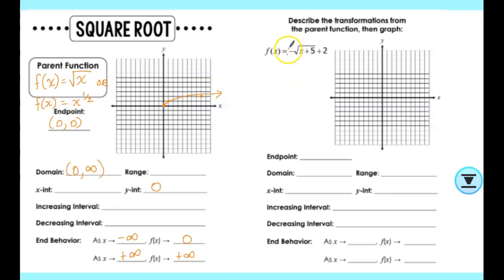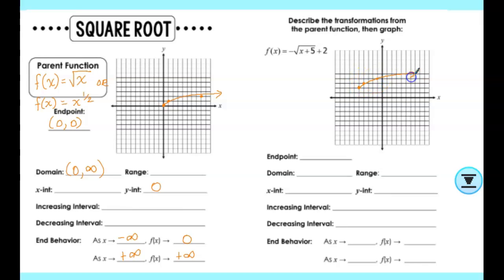On this one, again, we have this negative sign out front. So this is going to shift us to the left 5 and up 2. Whoops, I did that wrong. And I did it wrong in the last one too. I should fix that.